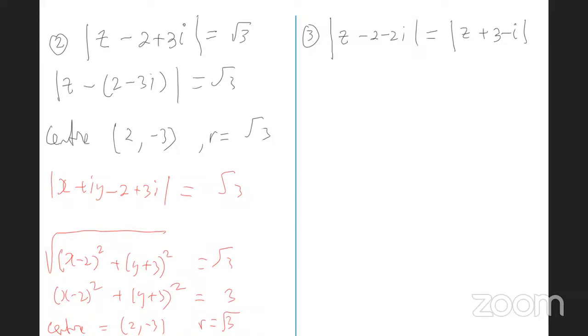All right, so take your time and replace z, right? z is x plus iy. Let's see what it simplifies to.